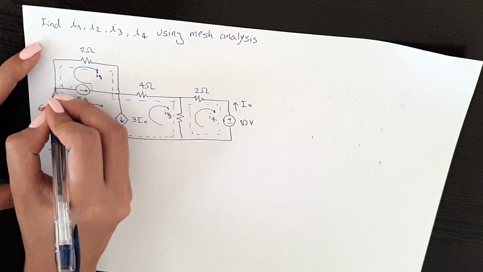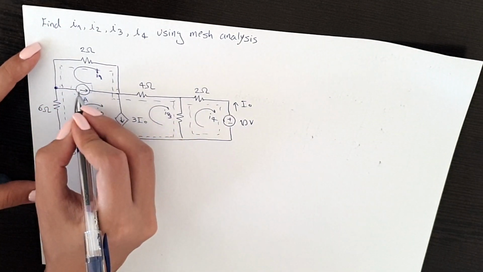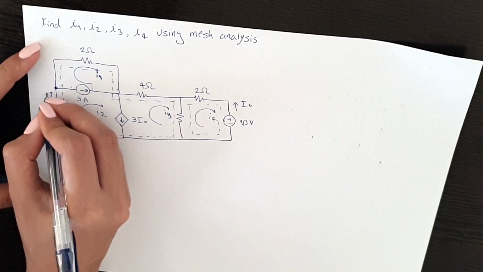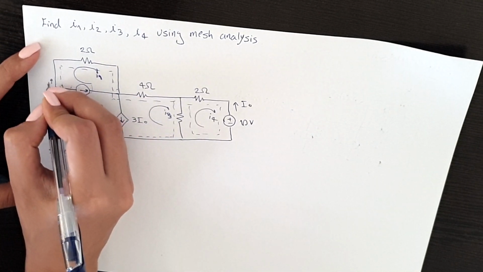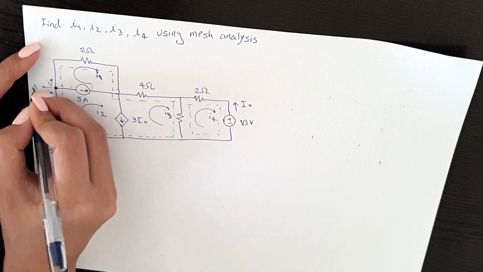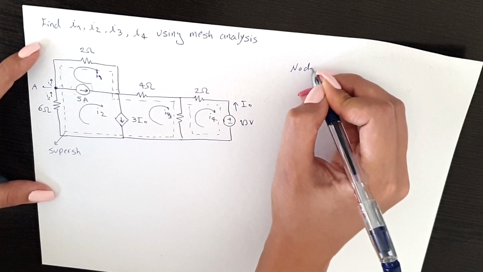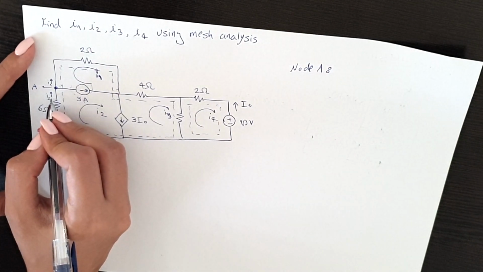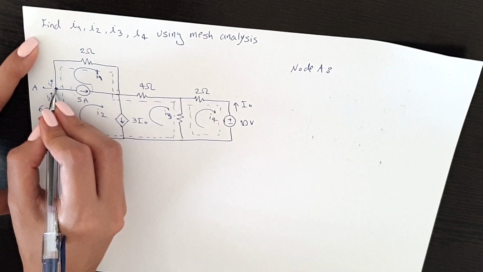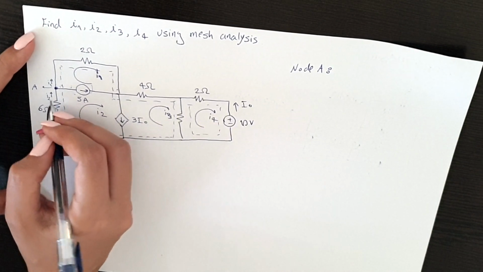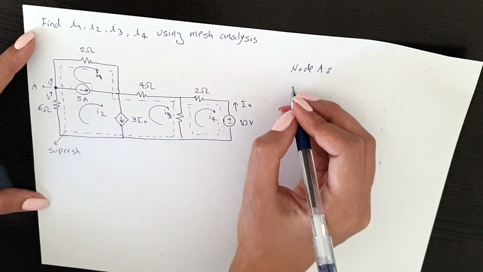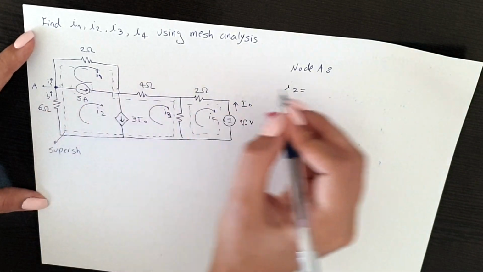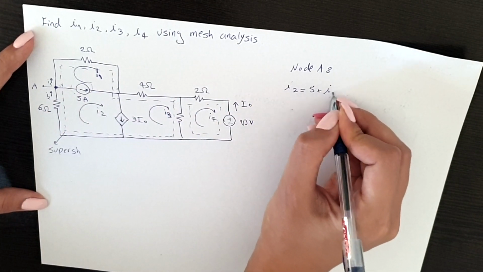For example, because I see a current source here, and I see that we have an I2 and I1, if I call this node A, we said that in node analysis, the currents going into the node added up together are equal to the currents coming out of the node. So I2 is equal to 5 plus I1.